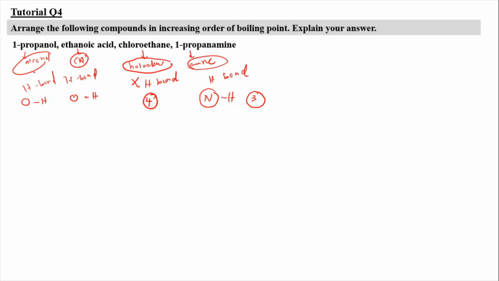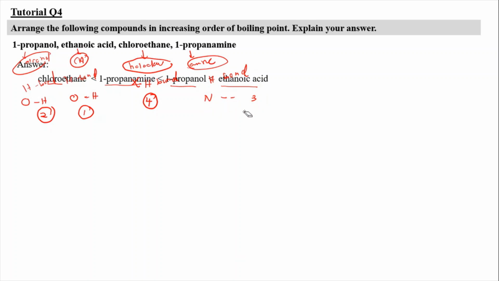When we compare alcohol and carboxylic acid, we know that the carboxylic acid can form a dimer. It forms a hydrogen bonded dimer, which is very stable, and hence it is going to have the highest boiling point. The second is going to be the alcohol, the propanol. So the chloroethane will have the lowest, followed by propanamine, then 1-propanol, and then ethanoic acid, which is the carboxylic acid.